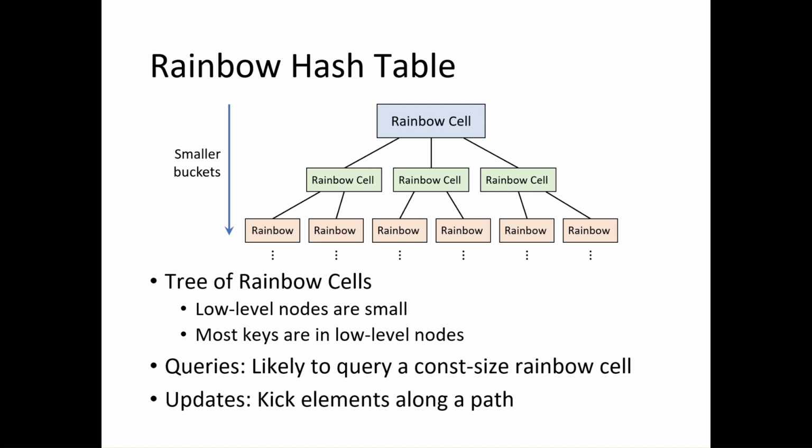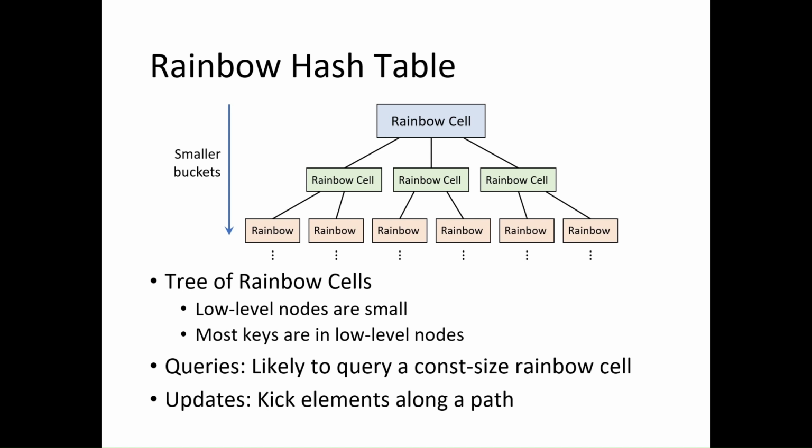So far, we have introduced the operations of the rainbow cell, and in the last few minutes, let me tell you how the rainbow cell can help our construction of the hash table. Our final construction will be based on a tree structure, where every node of the tree will contain a rainbow cell of different sizes. First of all, when you go down to lower levels of the tree, the nodes become significantly smaller.